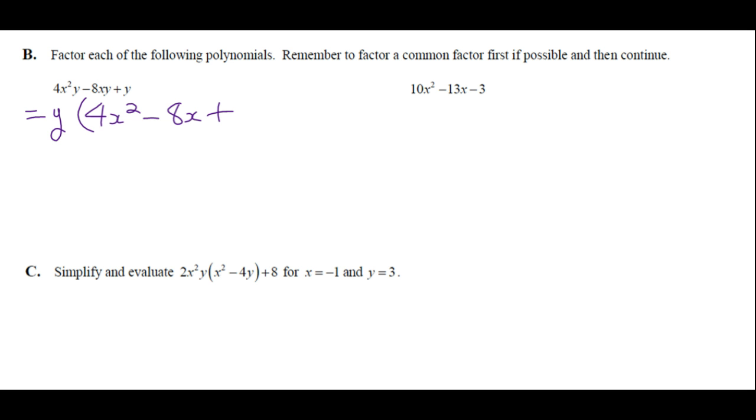Okay, so when I multiply this times this, it has to go back to this, right? So y times 4x squared gives me 4x squared y. Y times negative 8x gives me minus 8xy. And y times what gives me y? 1. So I need a 1 here.